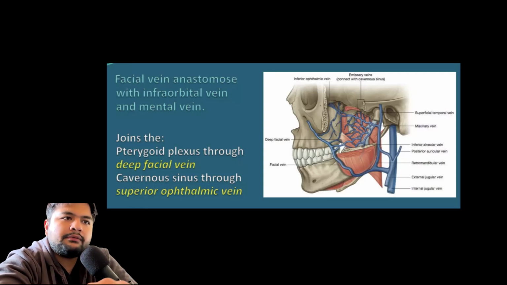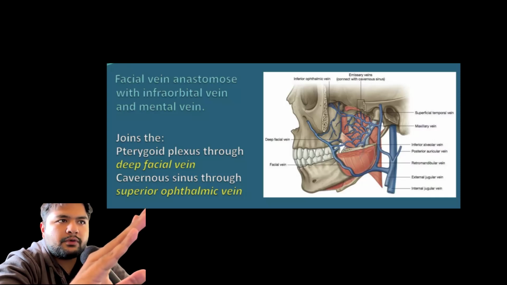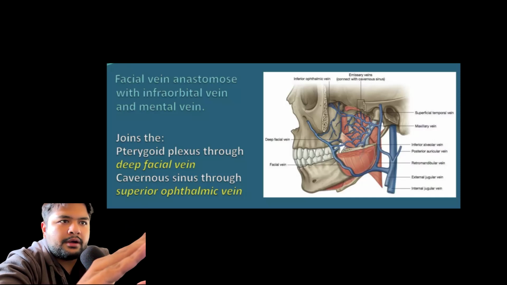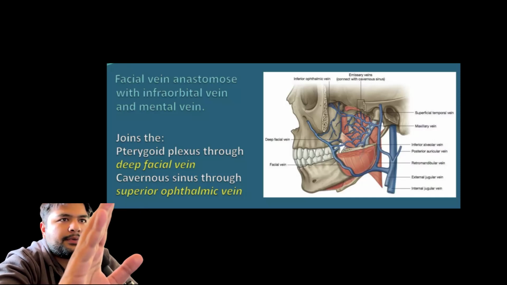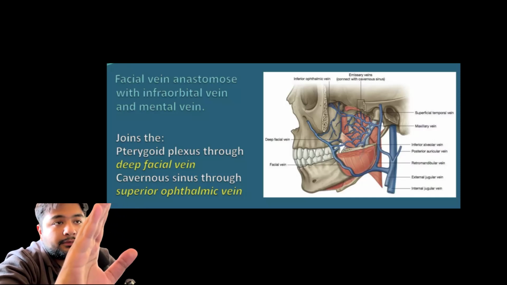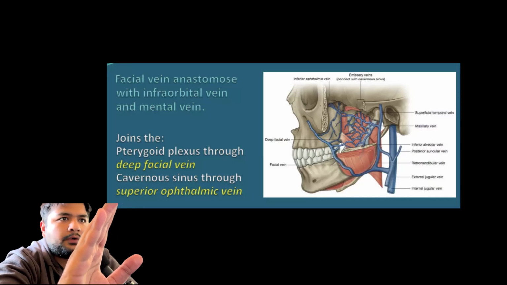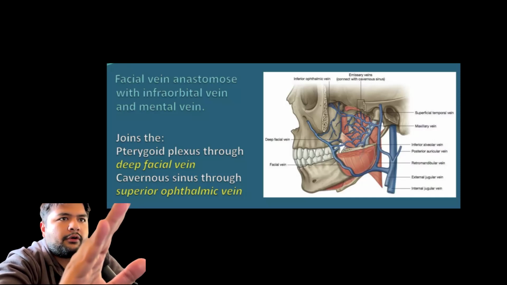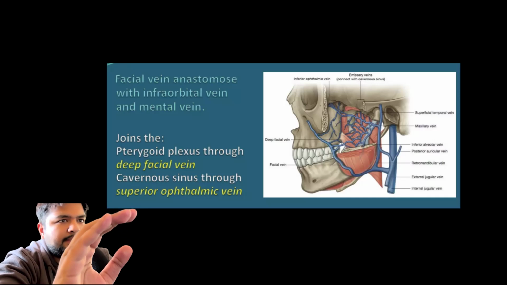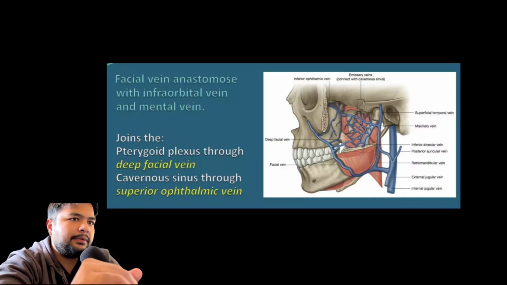Hence we can see that the facial vein runs from the infraorbital foramen towards the submandibular gland region, and the superficial temporal vein comes from the root of the zygoma downwards, finally forming the maxillary vein and then the retromandibular vein.